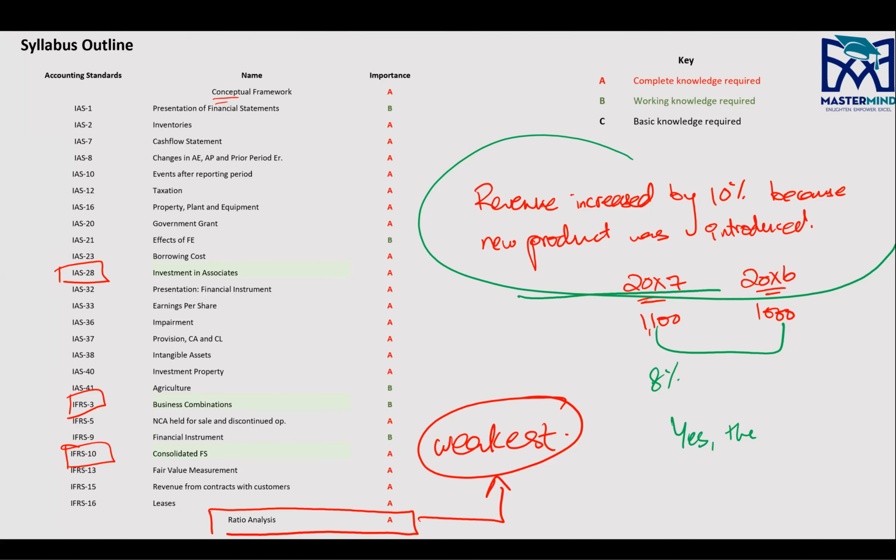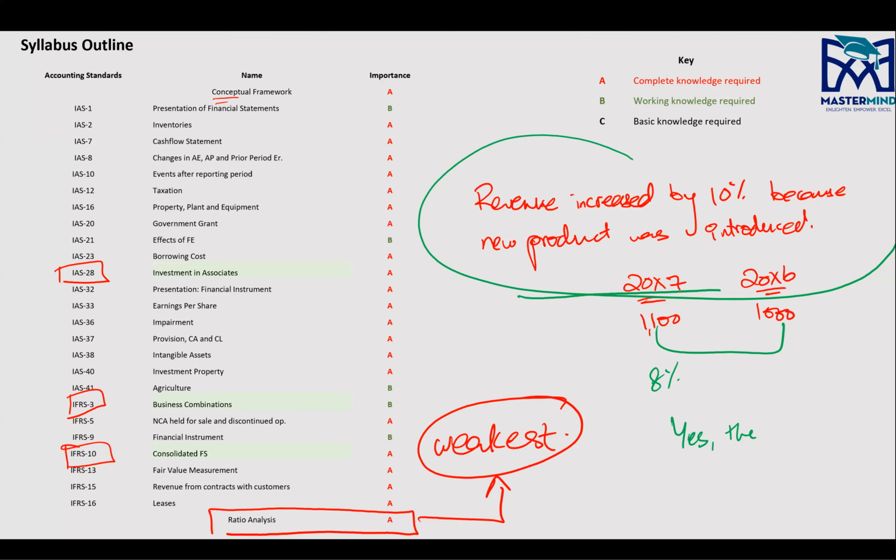Okay, there are weak areas. I understand every student has a weak area. I've had students who got literally more than 90, 92, 93 in their financial accounting F3.